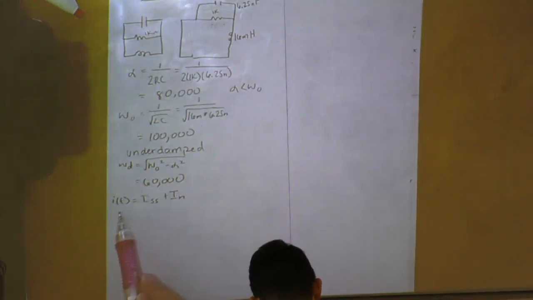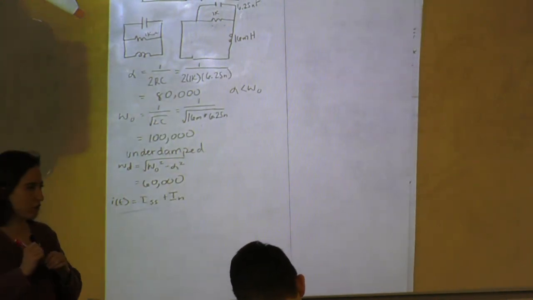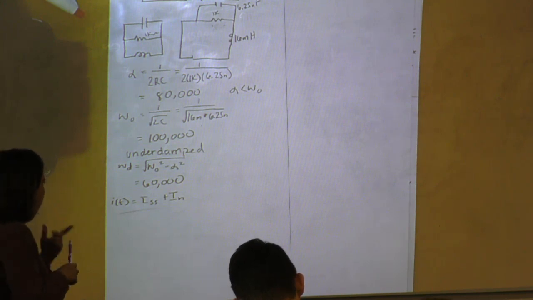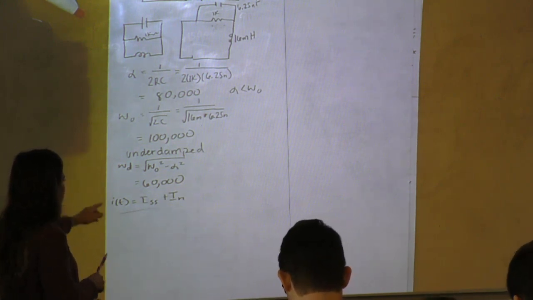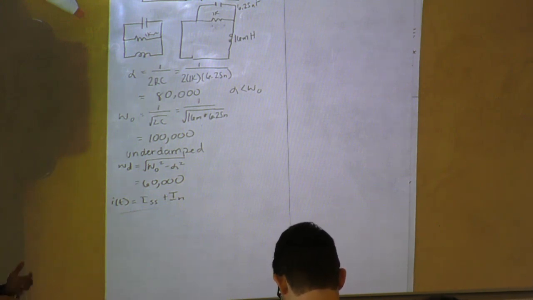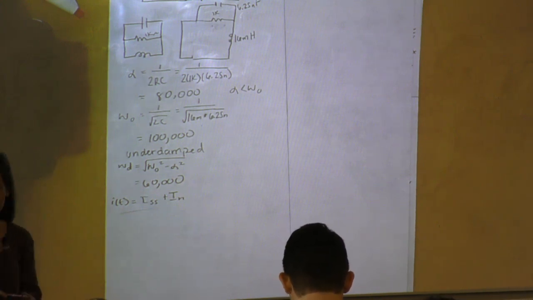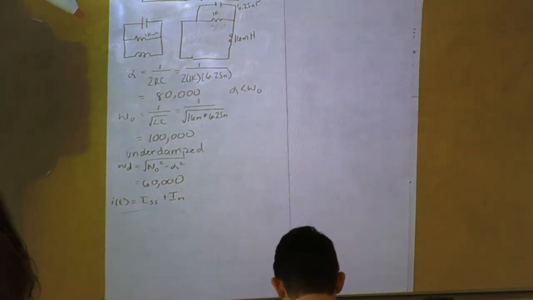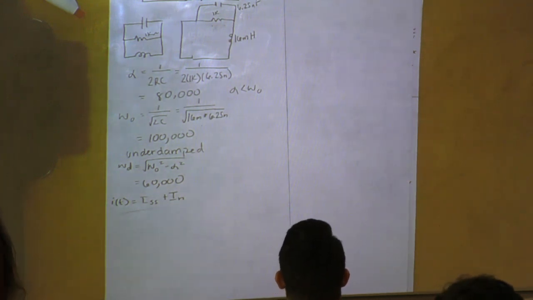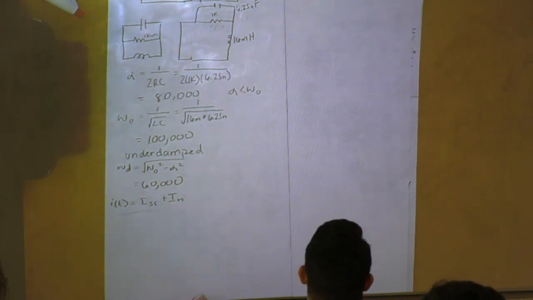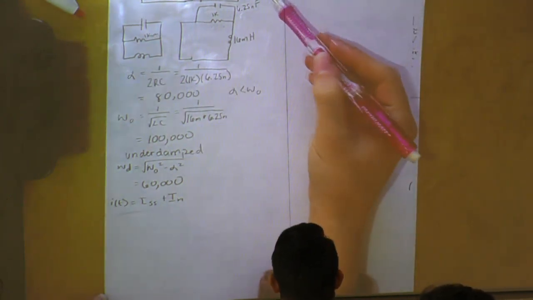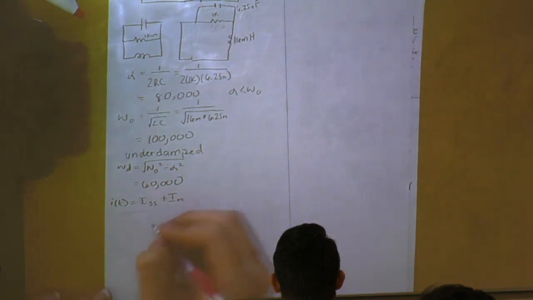This is just known for RLC circuits. Like if it were the voltage VC of t, it would still be steady state plus natural. It's that exponential decay thing. So with steady state, we want to find IL of t at t equals infinity.